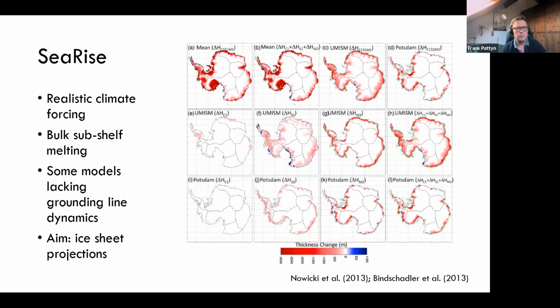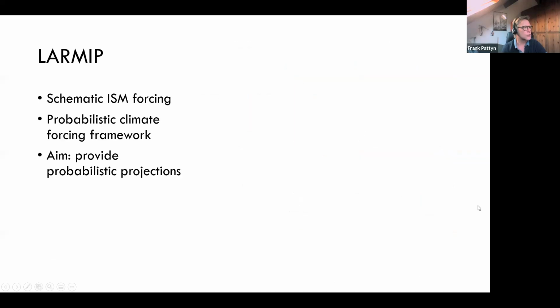So it means you melt the ice shelf for all the ice shelves for a given number that increased. And so you see a very large spread in response. There are also models in there that clearly lack grounding line dynamics, and yeah, that do show changes. So the spread and uncertainty here was quite large.